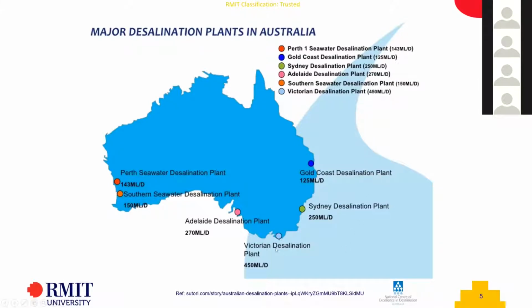You can see Melbourne, Sydney, the Gold Coast of Queensland, Adelaide in South Australia, and Western Australia. All these major capital cities on the mainland have seawater desalination plants, with Melbourne's Victorian desalination plant the largest in capacity. Later on, I'm going to give you more information about the Victorian desalination plant.